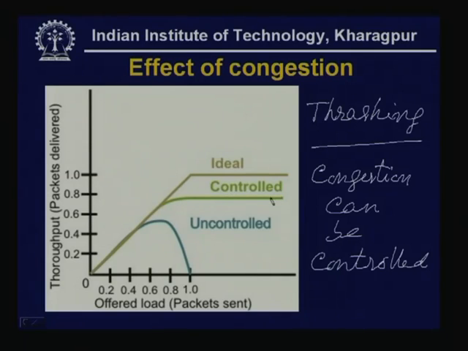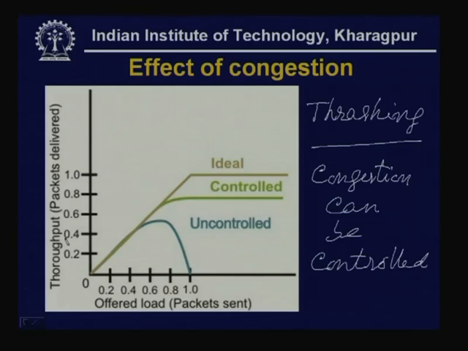Because of that overhead, throughput is less, since there are some overhead packets which are also transmitted, as we shall see. But it will not drop like the congested network, and as a result, although the throughput rate is less, it will never reach the thrashing situation.